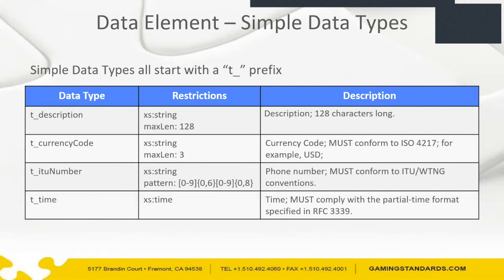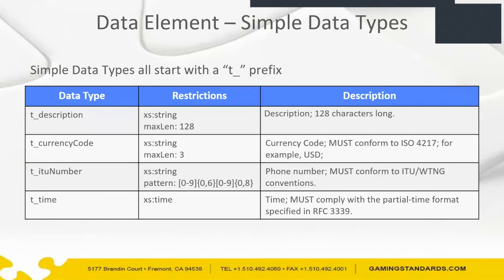Simple data types, which are part of the common data types, all start with a T underscore prefix, as you saw in the prior slide. These data types are defined, as I mentioned, in terms of the type of data that they're comprised of and their length or patterns.